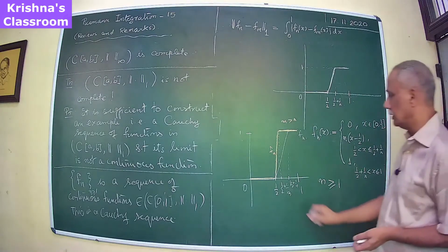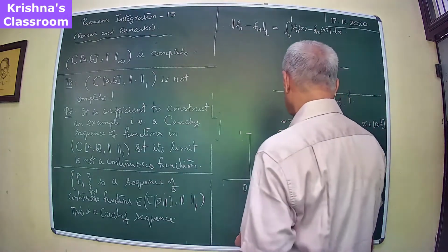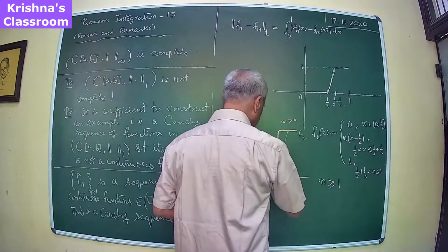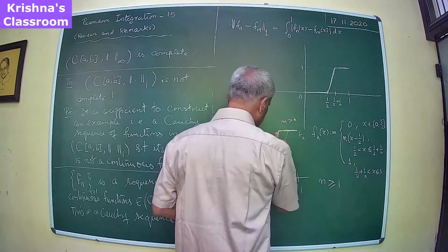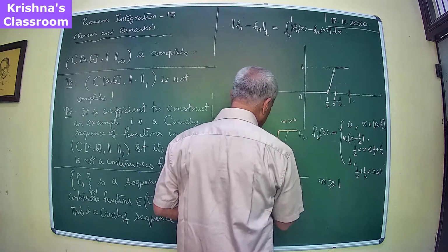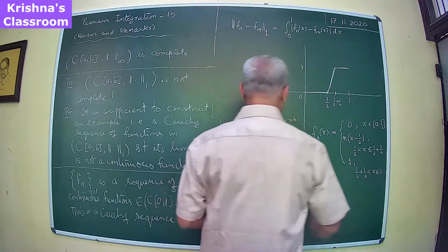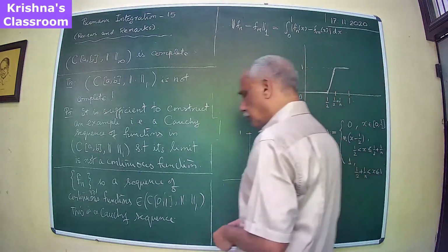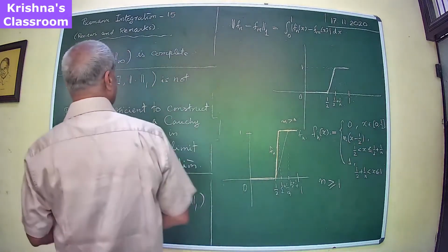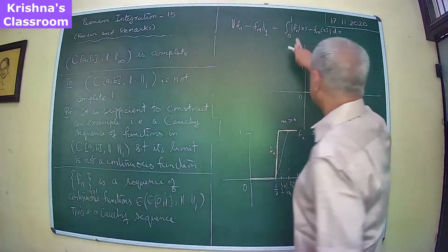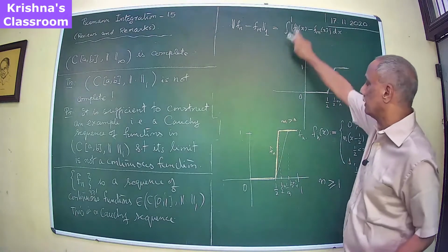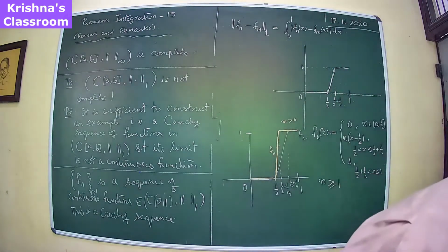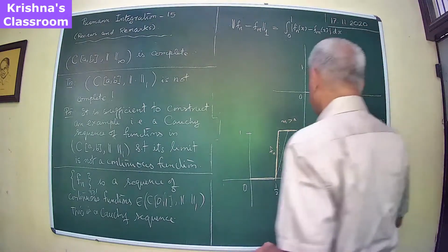Okay. So this is the continuous function. See, both are continuous functions. So what about the integral of |f_n(x) minus f_m(x)| dx over the interval 0, 1? You see that this is nothing but this area.